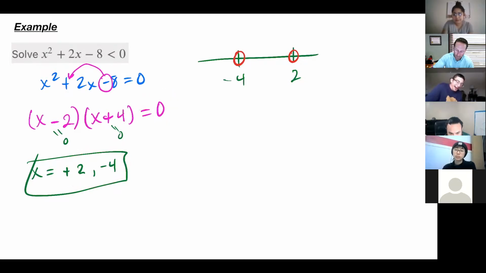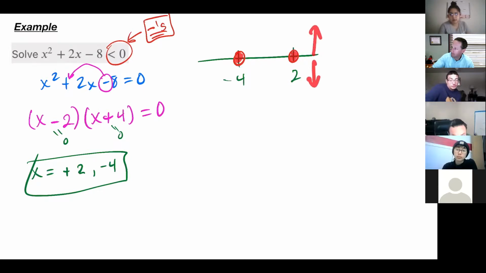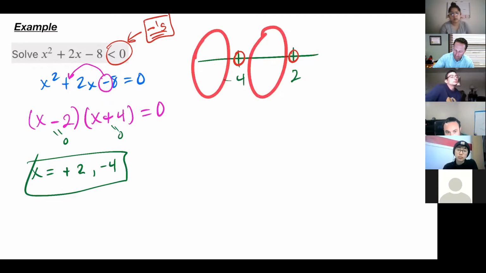And what we wanted to know is where it was less than 0, meaning we want the negative values. So all we have to do is figure out if this is where our graph would be 0, then we need to know if it's above or below. Above or below in every other area. All 3 what we like to call intervals of my graph.